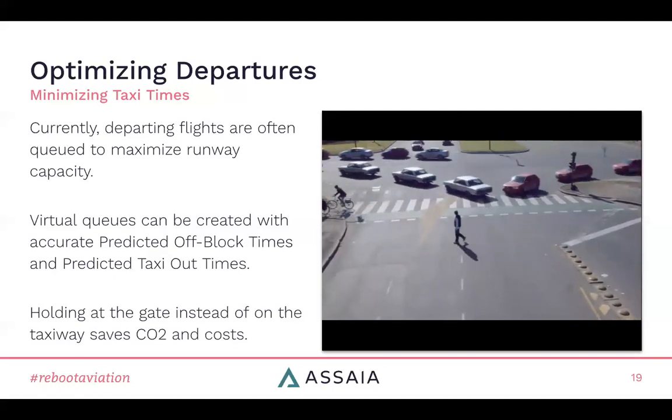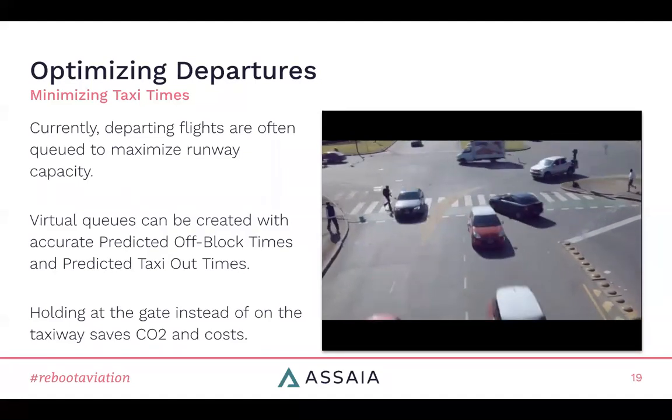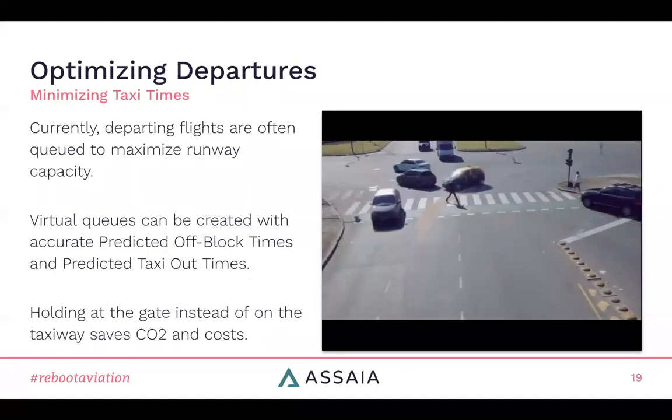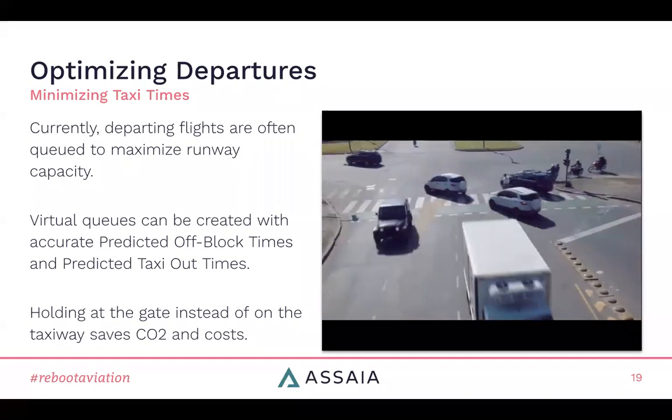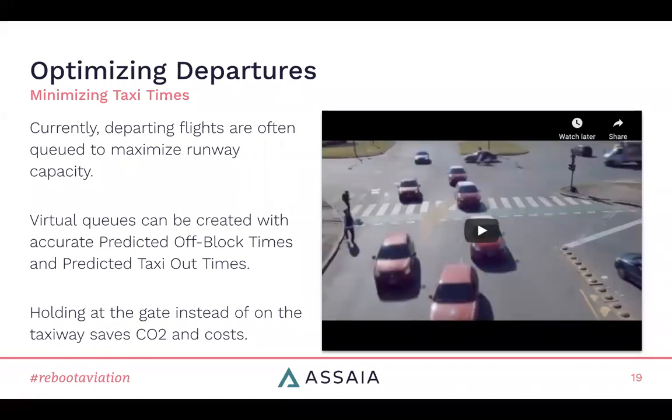And sometimes this queue is a coincidence, but sometimes it's also intentionally there to basically let air traffic control maximize the runway capacity. The reason why they put the planes physically there is because they know the off-block time information that they have is not accurate enough to rely on to build a virtual queue.